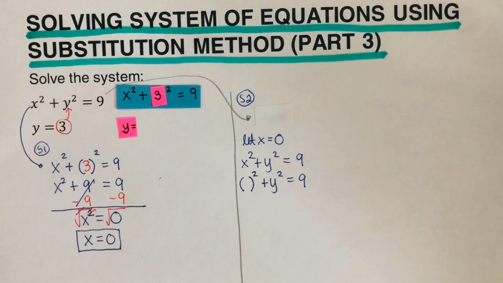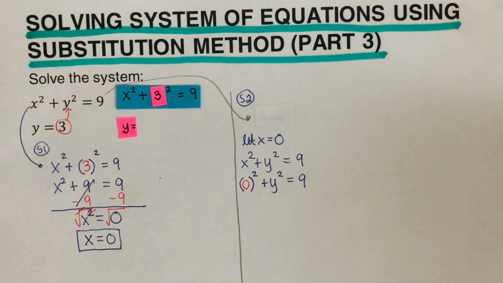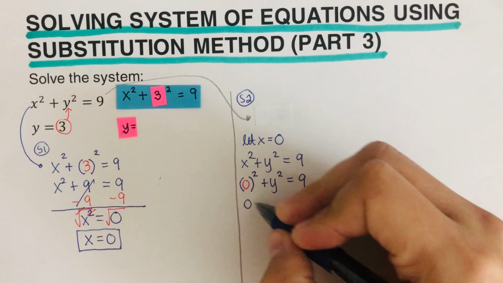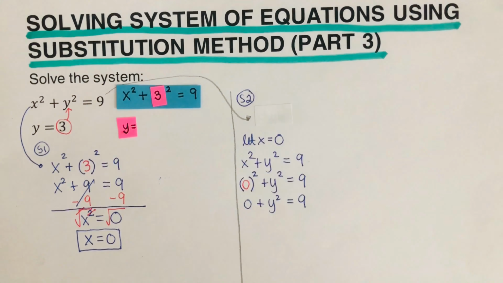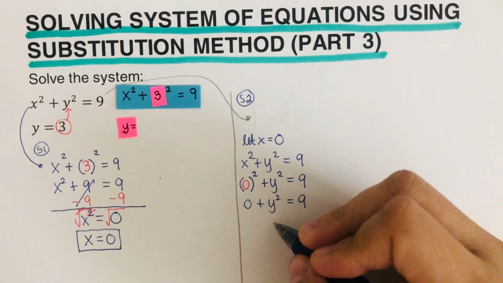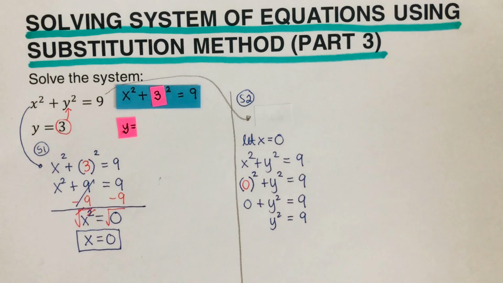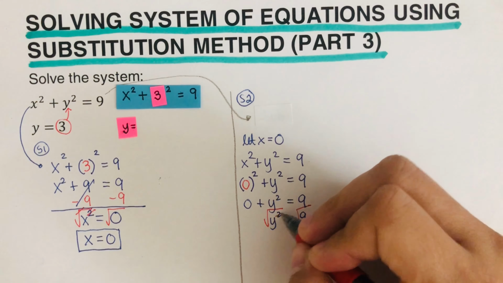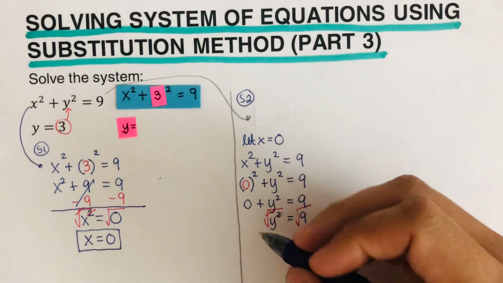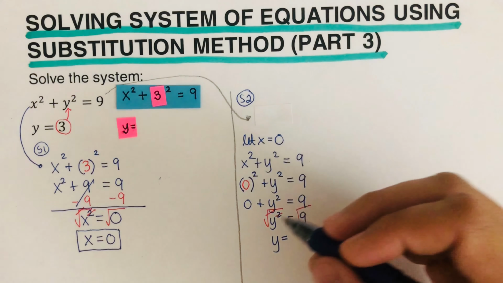Then I write 0 inside the parentheses and simplify: 0 plus y squared is equal to 9. So we are left with y squared is equal to 9. Then we square root both sides to get rid of the squared, leaving y equal to the square root of 9.